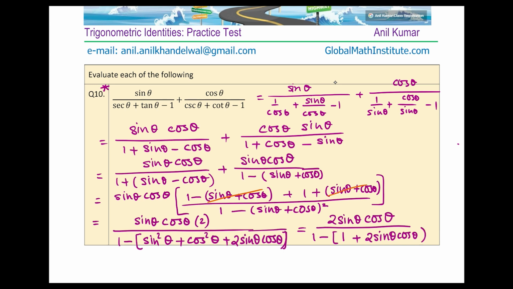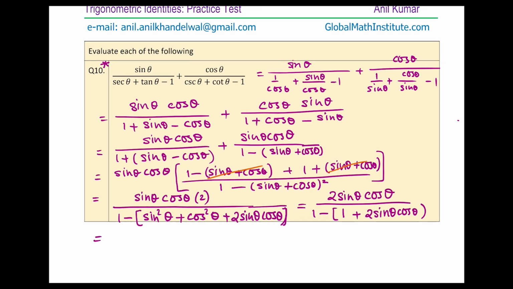Clear? 1 and minus 1 cancel, and so we could rewrite this as 2 sine theta cos theta divided by 2 sine theta cos theta, and this is equal to 1. Perfect. So that is how we could evaluate this expression, and it is equal to 1. So I hope this solution is absolutely clear.